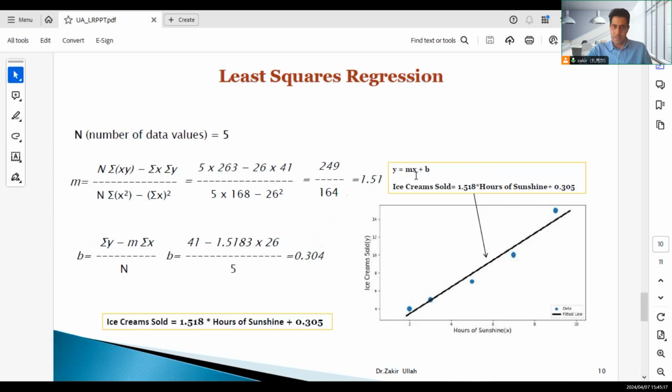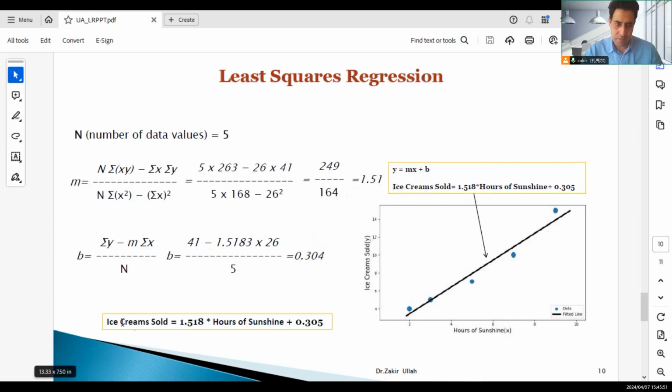By putting these values into the expression of the line y is equal to mx plus b, where y is the ice cream sold on a particular day, m is the slope found here, which is 1.518, and x is the hours of sunshine on a particular day, while 0.305 is the intercept of the line.